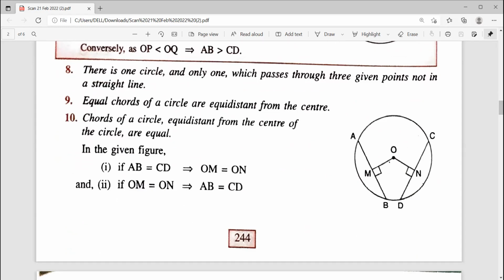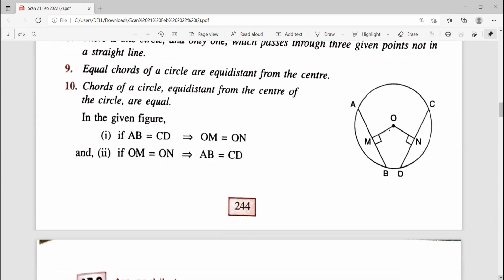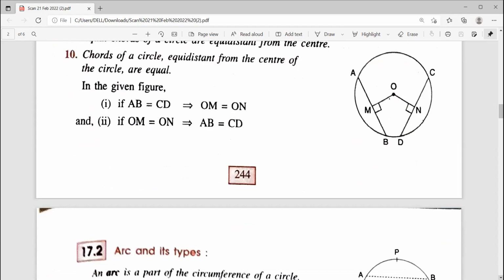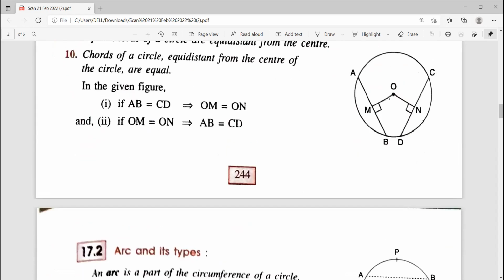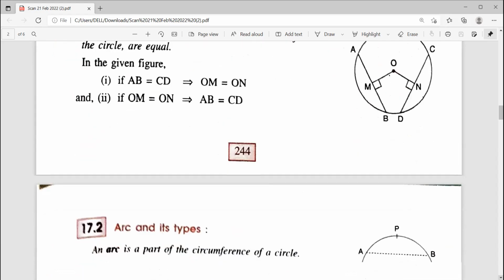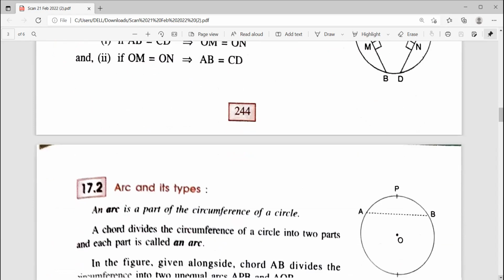The next point we did was that if 2 chords in a circle are equal in length, then they are equidistant from the center. And the converse of that is, if 2 chords are equidistant from the center, they will automatically be equal in length.